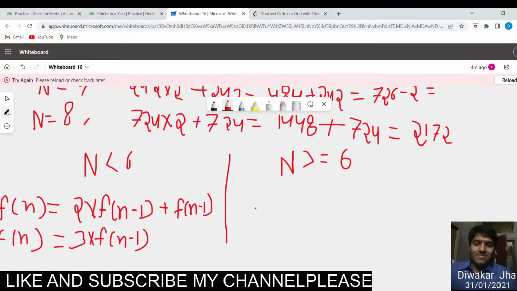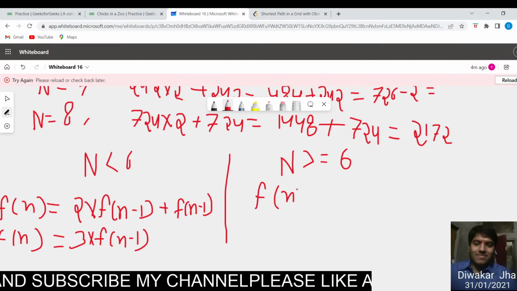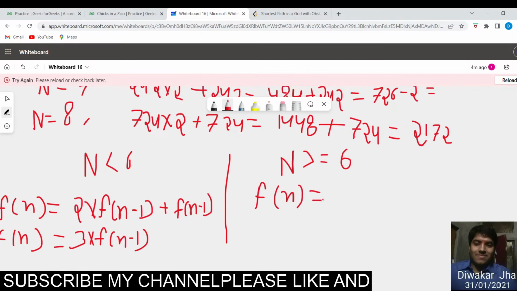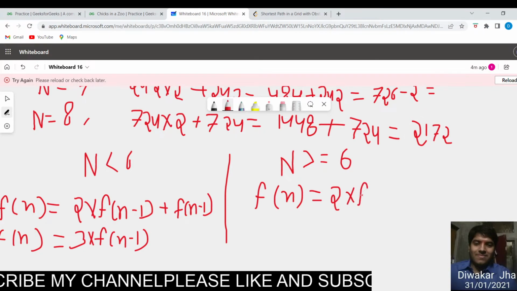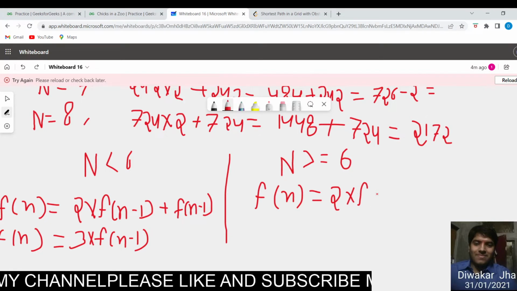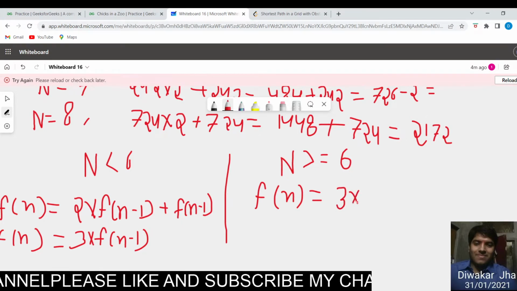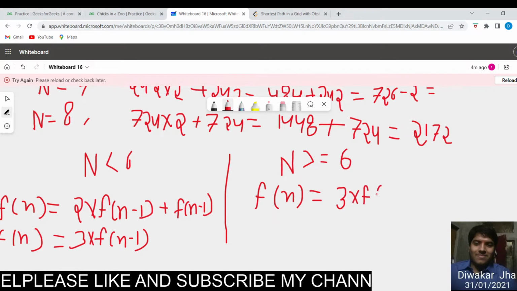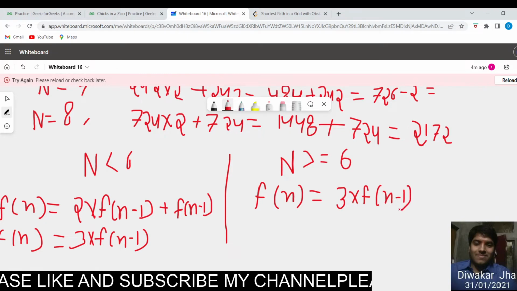So when our day is greater than or equal to 6, we simply multiply the previous value, that is, we can say 3 multiplied by function of n minus 1.